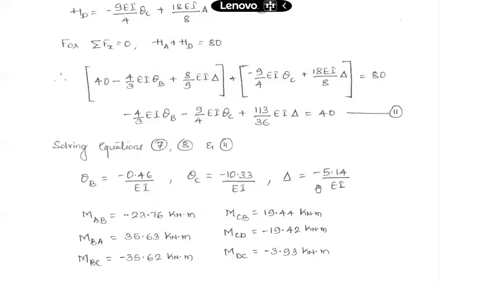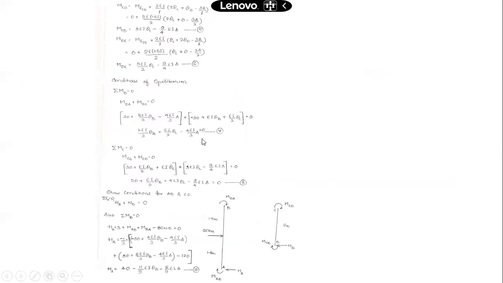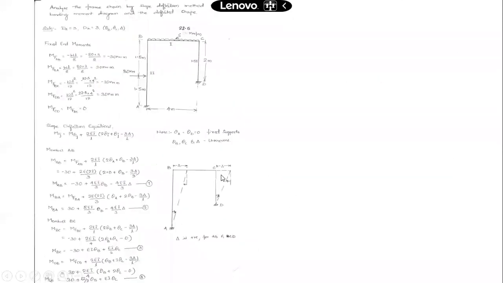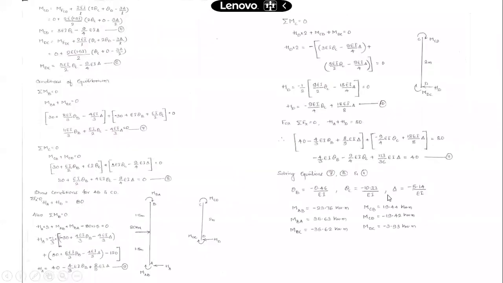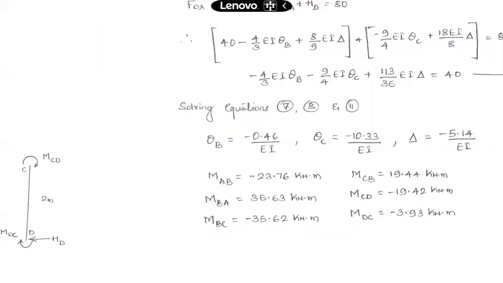Minus indicates the sway is actually towards the left. We have assumed the sway was taking place on the right side. This was the direction of sway we assumed, but here we are getting delta as negative, indicating it is in the opposite direction of what we have assumed. So that is the sway value, minus 5.14 over EI.